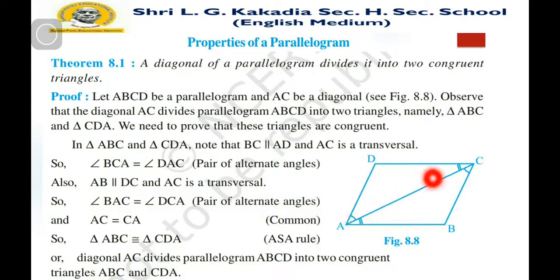And AC is a common side in both triangles: AC equals CA, common. So by the ASA rule, the angle-side-angle congruence rule, we can say that both triangles are congruent. Triangle ABC is congruent to triangle CDA.